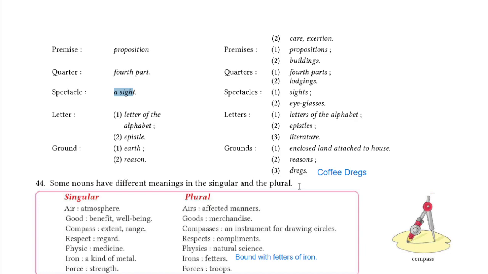Dregs are basically a small quantity of liquid that is left in the bottom of the container, with some pieces of solid.